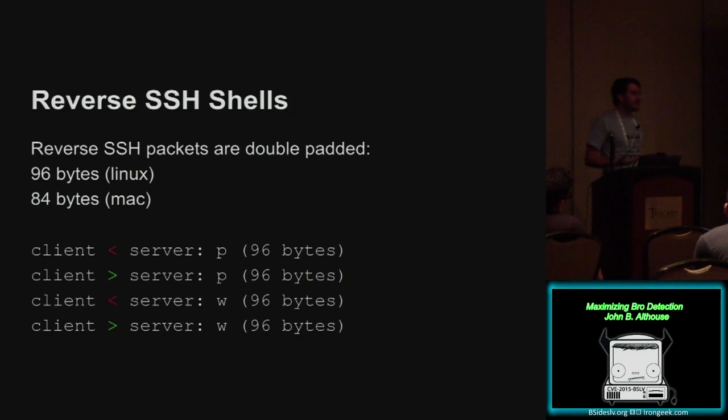It's double padded. You have an SSH session over an SSH session. So it's the same thing, just double padded. Instead of 48 bytes, it's now 96 bytes. And instead of going from client to server, the flow is from server to client, because remember, you're typing on your evil Amazon C2 server.